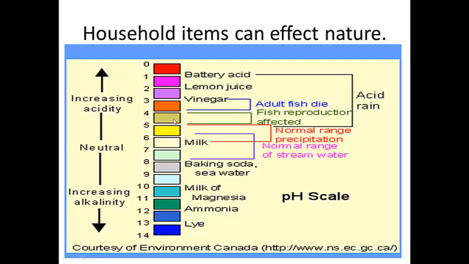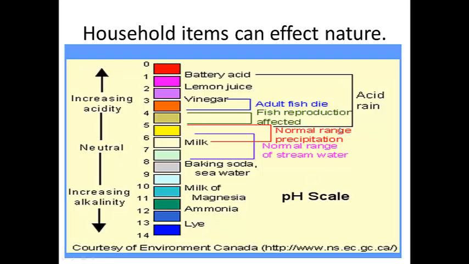If you see here, the battery acid, lemon juice, vinegar, and then we've got milk and water, regular water should be here. Baking soda, then we've got seawater, milk of magnesia, ammonia, and lye, the extreme cleaning products.